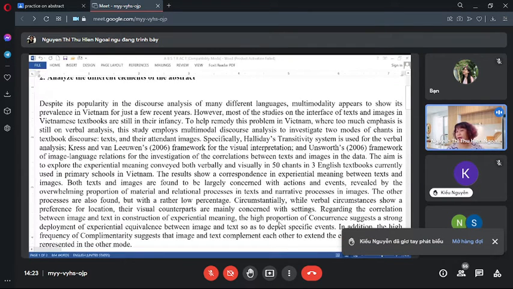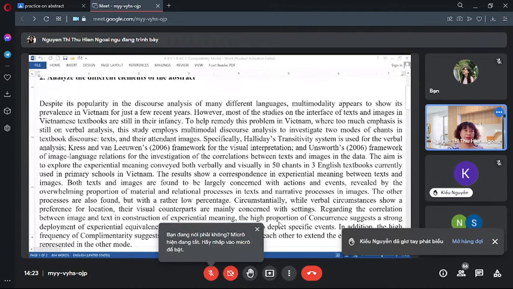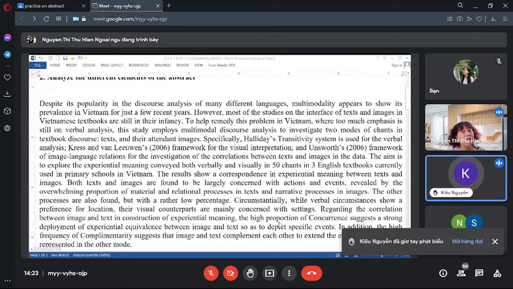Yeah, okay. Q Nguyễn, please. Yes, teacher. I think this abstract also uses the simple present tense too. Right. So this abstract is from the linguistic area or teaching area.